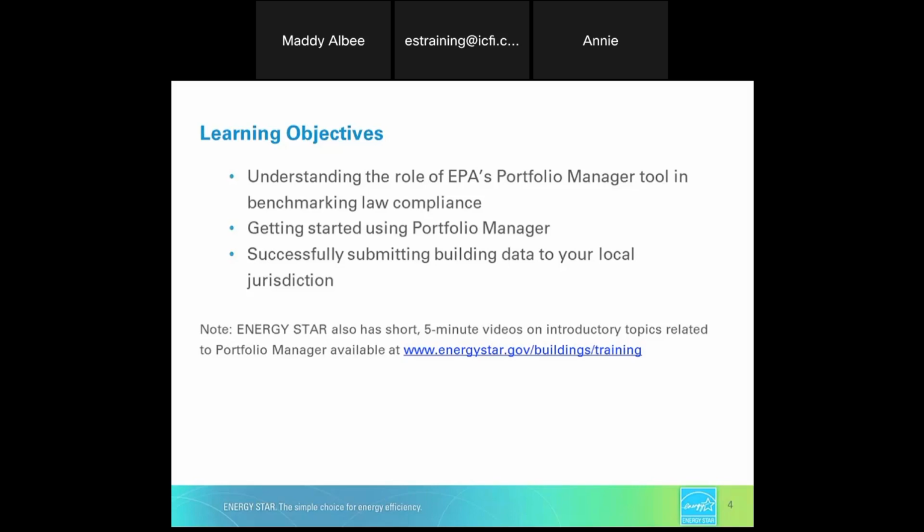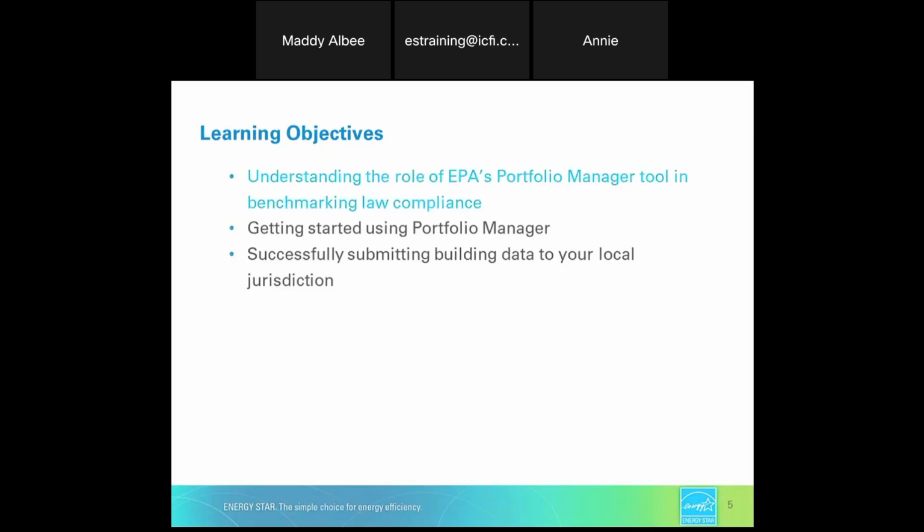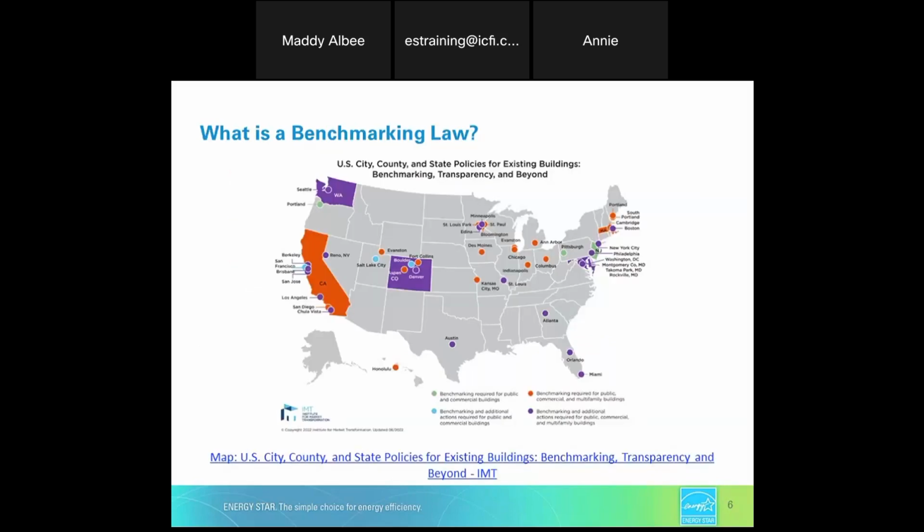With that background in mind, we will jump into our first learning objective for today, understanding the role of EPA's Portfolio Manager tool in benchmarking ordinance compliance. So here we have a map displaying most recent data from late 2022, where more than 50 state and local governments across the United States required commercial building owners to benchmark the energy performance of their buildings.